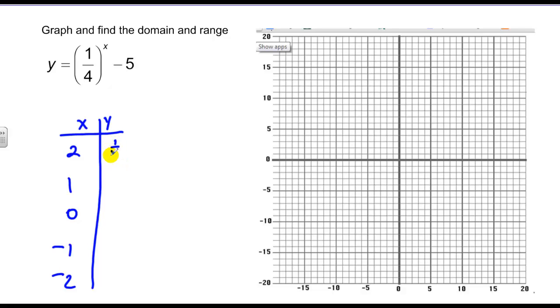I have 1/4 squared minus 5, which is 1/16 minus 5, which is -4 and 15/16.